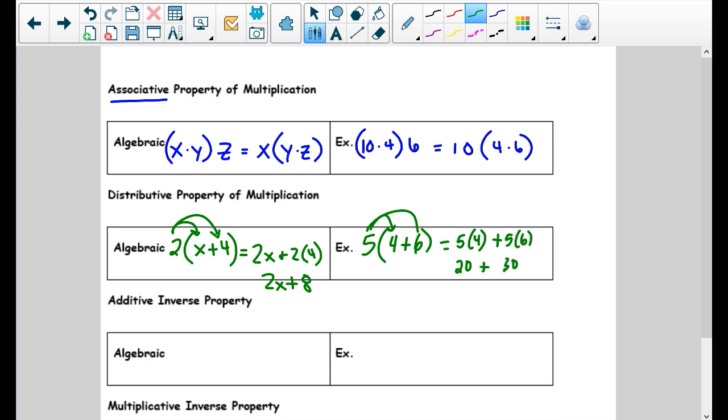And when I add them, I get 50. But again, 6 plus 4 is 10. 10 times 5 is 50. I think that's easier if I have numbers. So really the only time we're going to use this is if it's algebraic. But it still works if it's not.